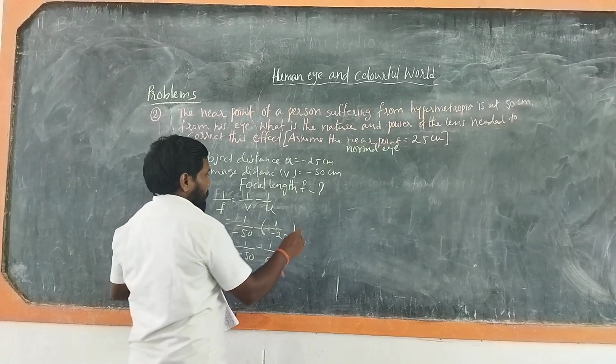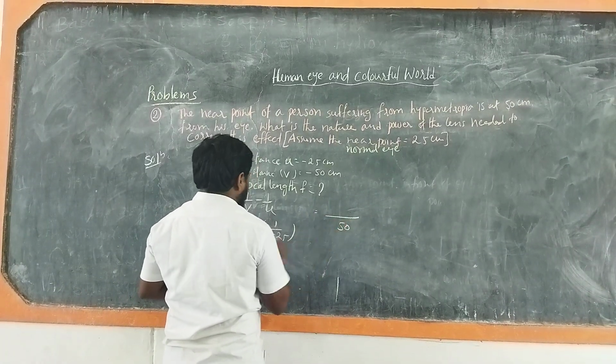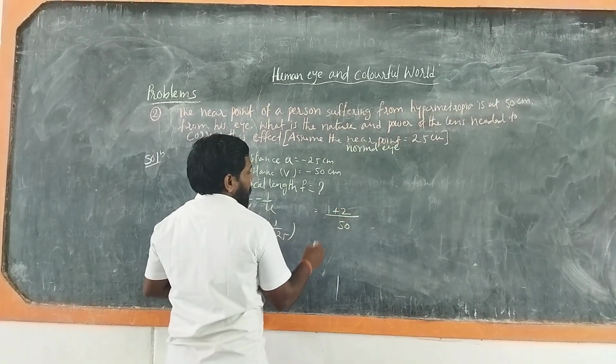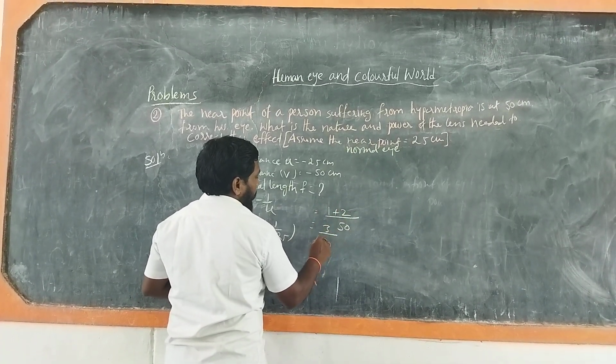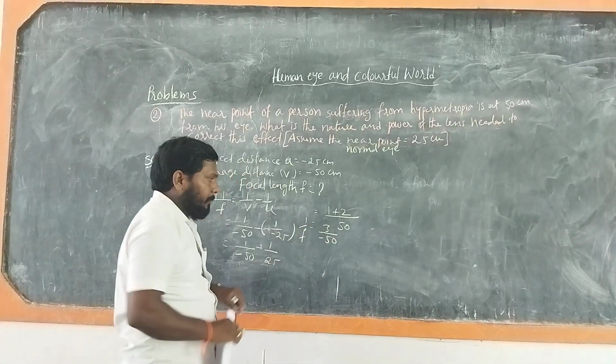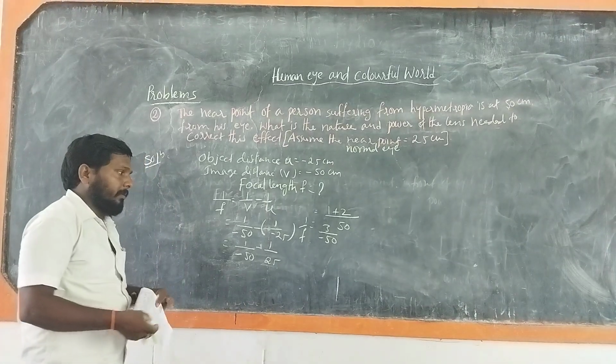So let's take the LCM. So 50 over 1 plus 2. That is equal to 1 by 50. So 1 by F is equal to 1 by 50.